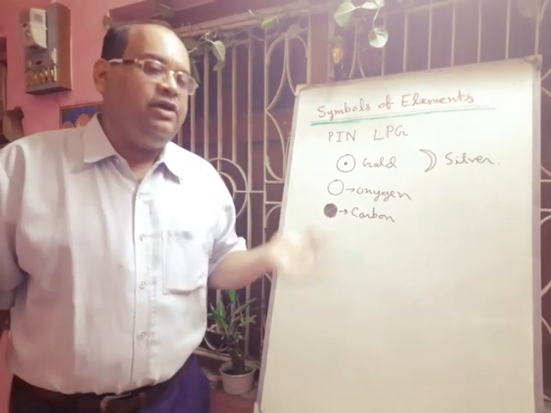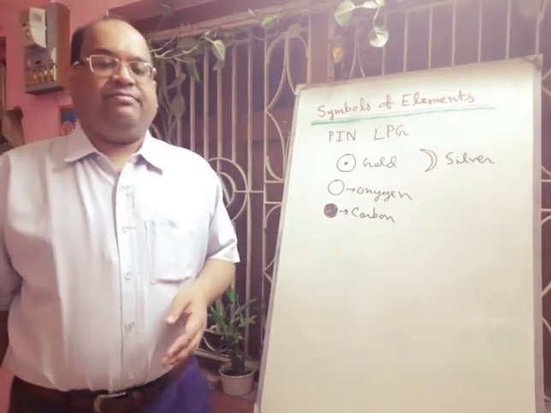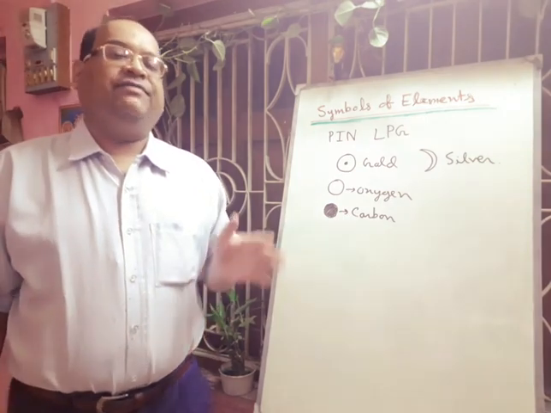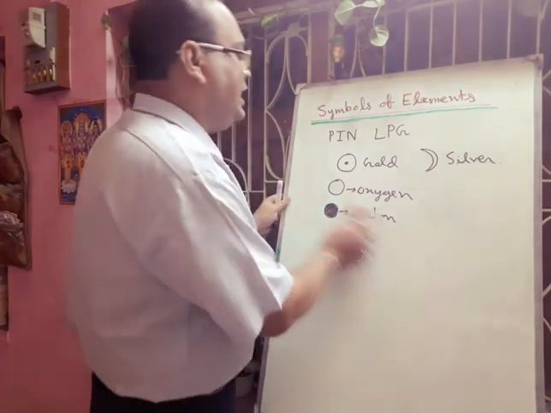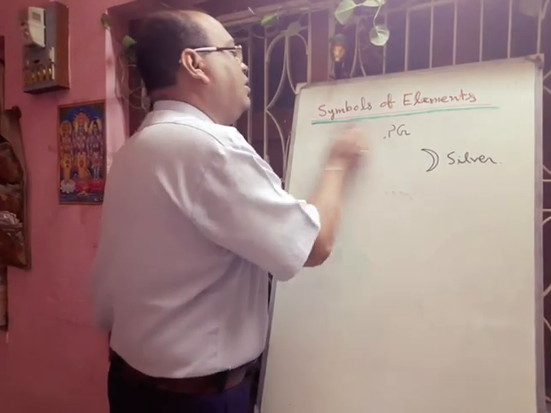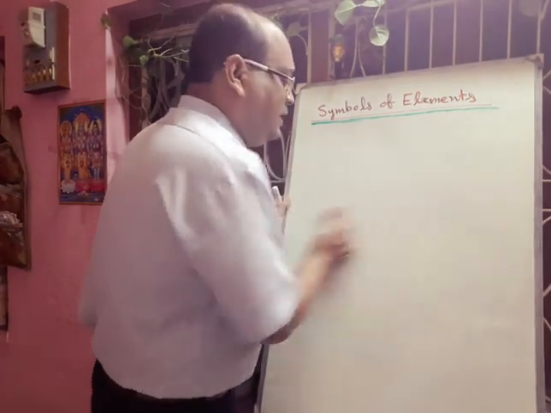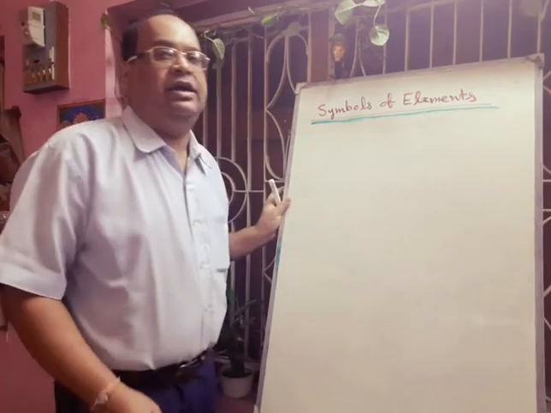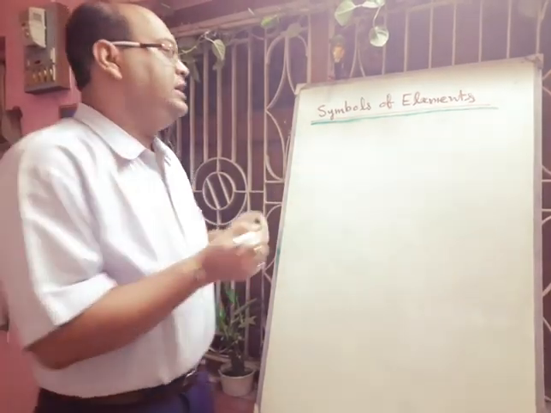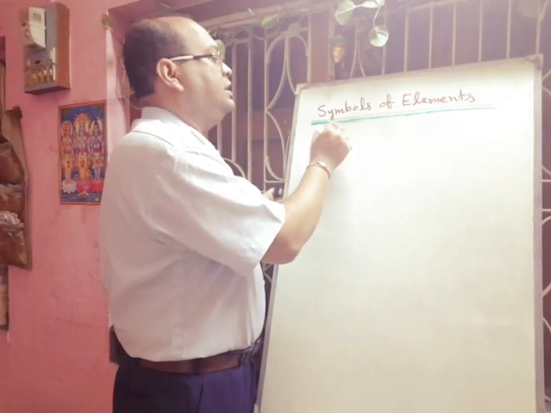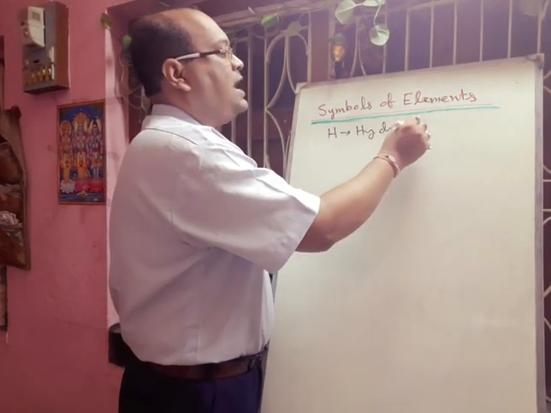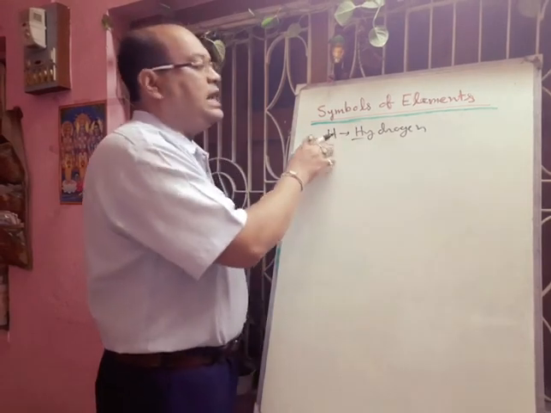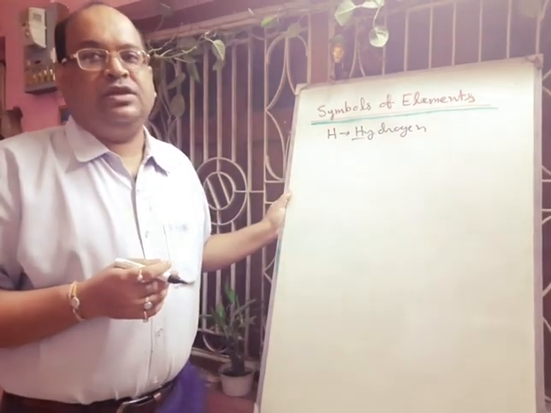Generally, he used the English name, and the first letter is taken as the symbol of that particular element, like H is representing hydrogen. So the first letter only we have taken and we write it as a capital letter.